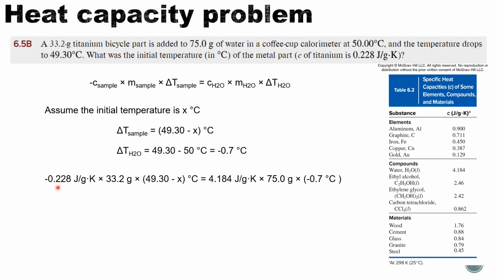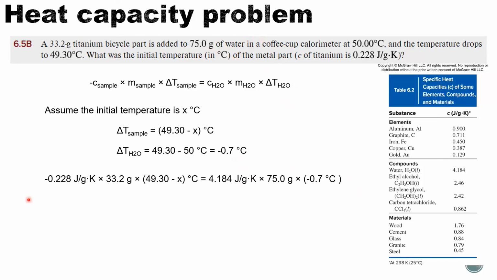We have negative 0.228 times 33.2 times 49.3 minus x as a group, and then that equals 4.184, the specific heat capacity of water, times 75 grams, which is the mass of water. The temperature change of water is negative 0.7 degrees Celsius.